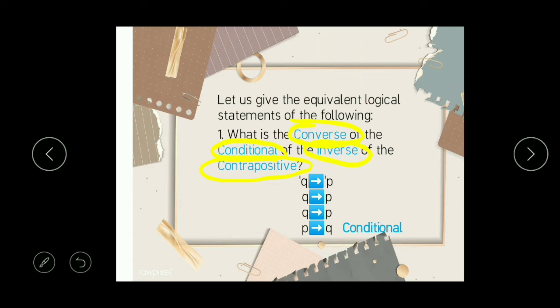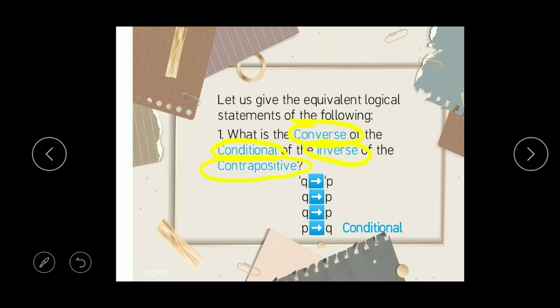The last one, the contrapositive, in order to give the equivalent logical statement, we will make it the first one. So instead of converse, conditional, inverse, and contrapositive, we will make it contrapositive, inverse, conditional, and converse in order for us to give the equivalence of that specific statement.